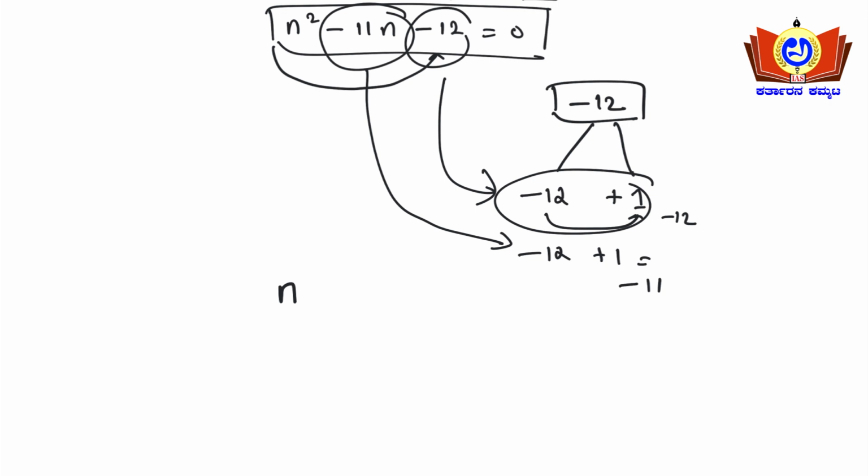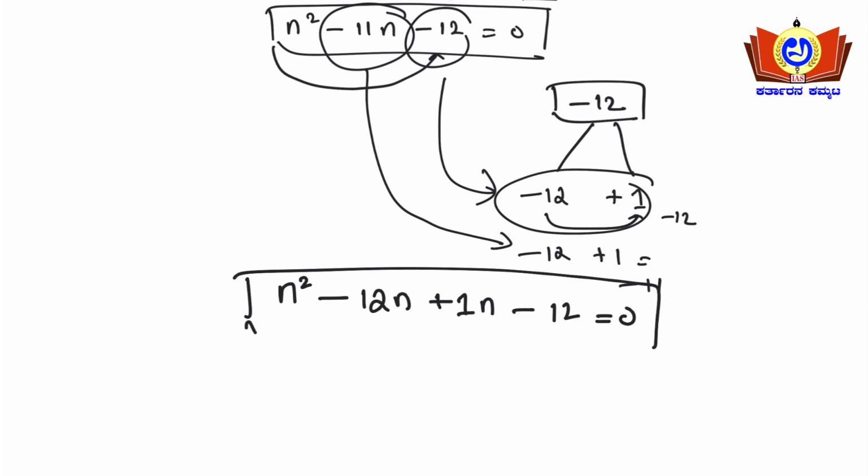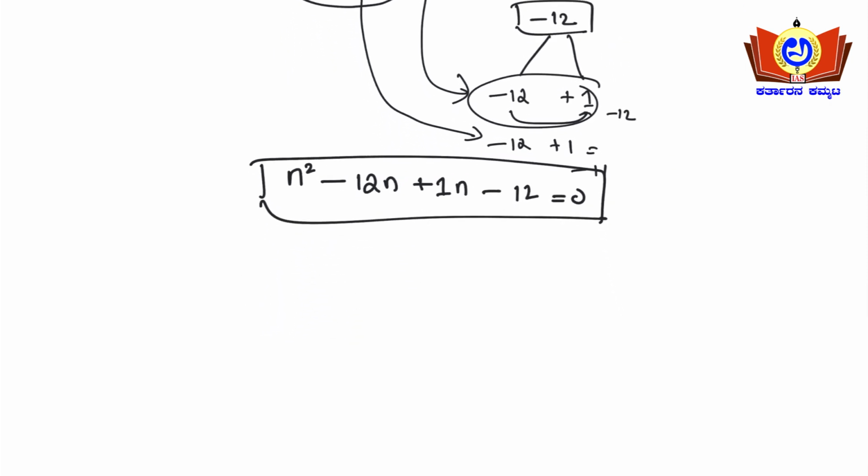Okay, n square minus, no, not, I will be taking common, I will be expanding. So minus 11n can be written as minus 12n plus 1n minus 12, that will be equals to 0. Yes or no? So here n square, I'll take common here, n of n minus 12, so plus 1 n minus 12 equals to 0.